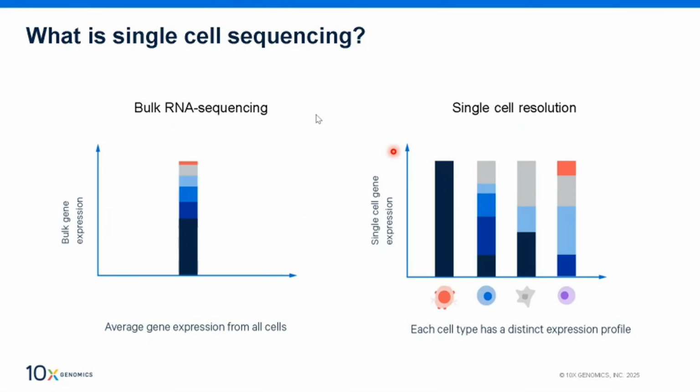Okay. So next up, what is single cell sequencing? This is an example of what I was trying to share with you earlier. Let's say, using an example of human blood cells, we have neutrophil, basophil, eosinophil, T cell, B cell, and all that. Different cell types have different functions, and therefore they have distinct expression profiles.